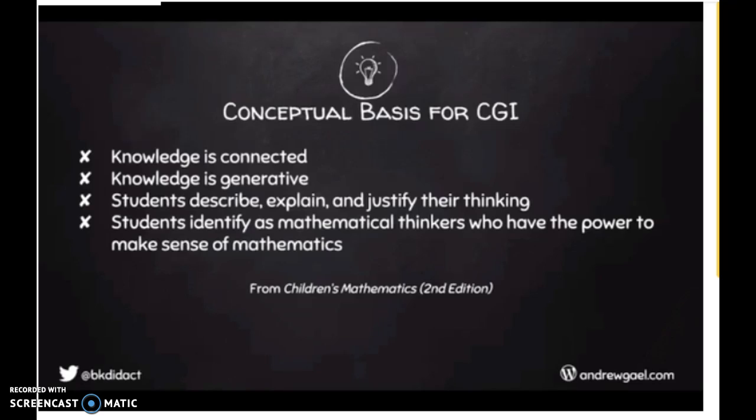That means that students use these connections to generate solutions to problems. As well, after students have generated their solutions, students describe, explain, and justify their thinking. This means that they have to express their knowledge by explaining what they thought about their solution. All along, they're developing an identity as a sense-making mathematical thinker. These are the four most important themes for CGI besides the problem types.